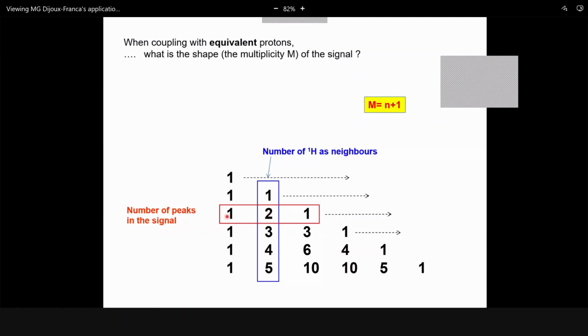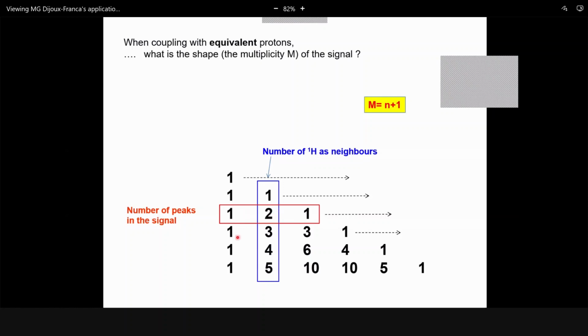I have 1, 2, 3 lines, and the number inside will give us the proportion between the lines. The first one has a proportion of 1. The second is twice as high as the first one, and the third one is equal to 1. That means it has the same height as the first one.